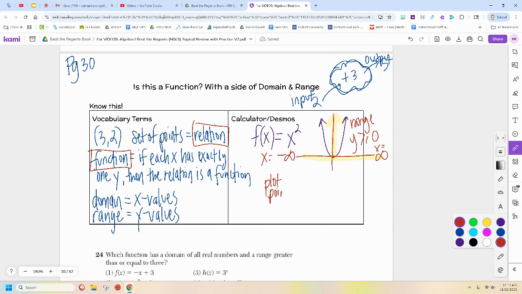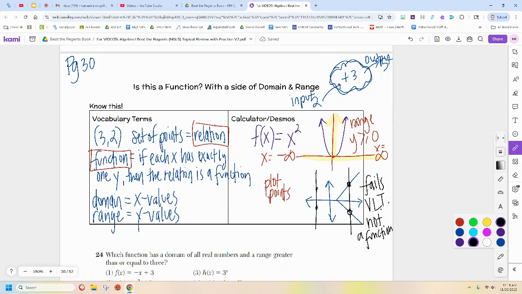The reason I bring that up is because if you have a graph of a relation, whether it be points, like coordinate pairs, or some sort of physical graph, if that relation fails the vertical line test, it touches in 2 or more values, then it's not a function.